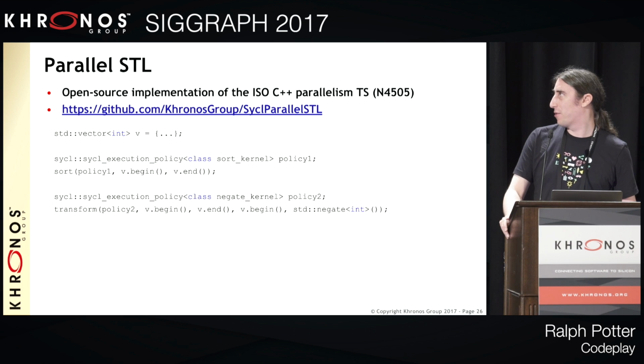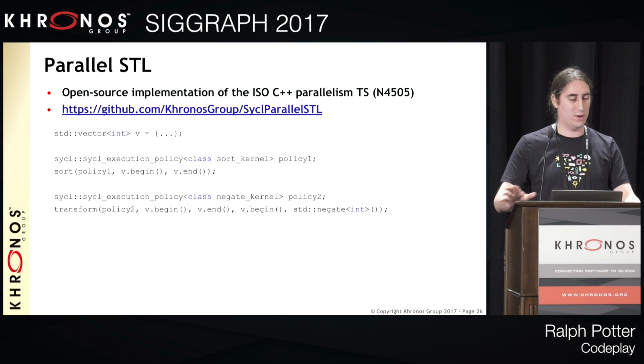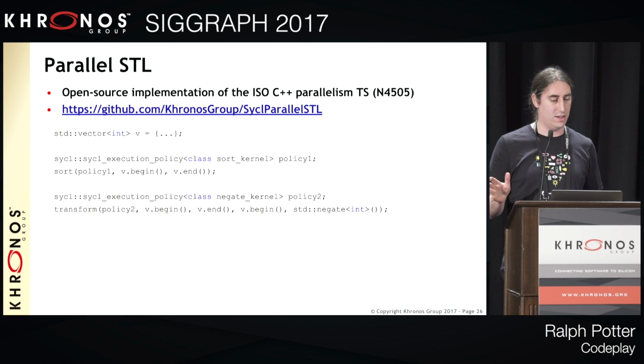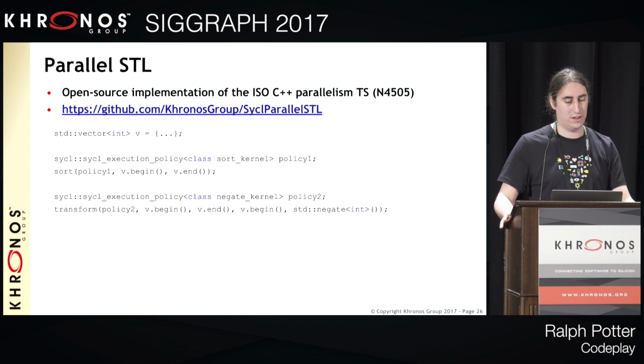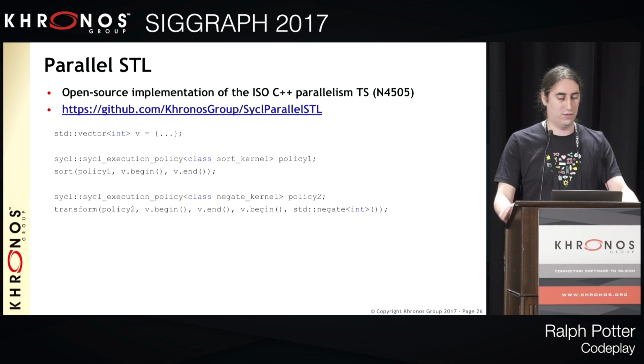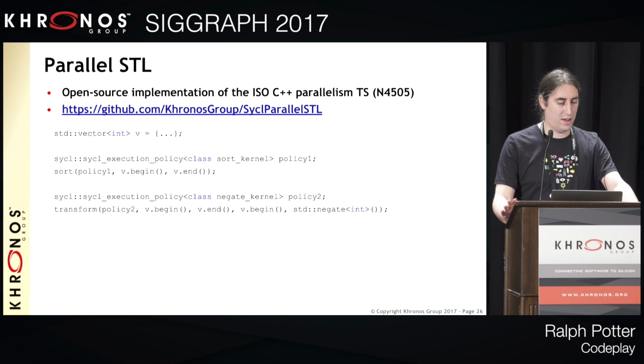Okay, so I'm going to talk about three ongoing projects that make use of SYCL today. The first one is parallel STL. Khronos is hosting an implementation of ISO C++'s parallelism STL.